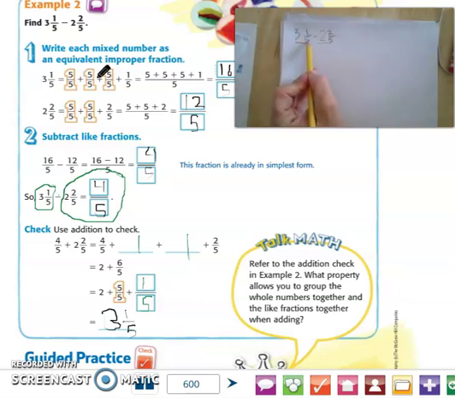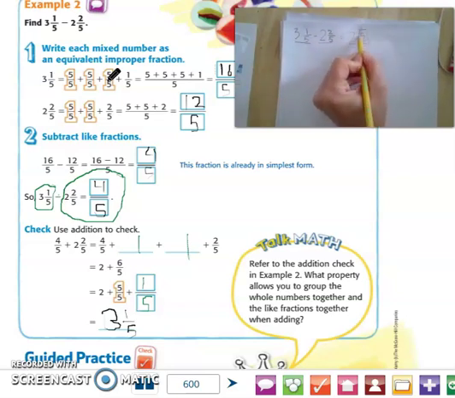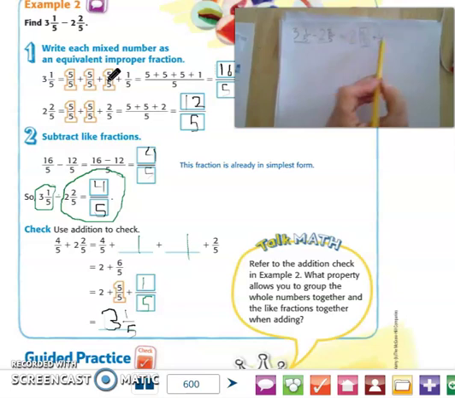We can go through writing all these out, or we can just pull out 1, because this 3 1/5 would also be equal to 2 5/5. So I've just pulled out 1, and I still have my 1/5. Mrs. Hildebrand, why did you write addition? We're doing subtraction.